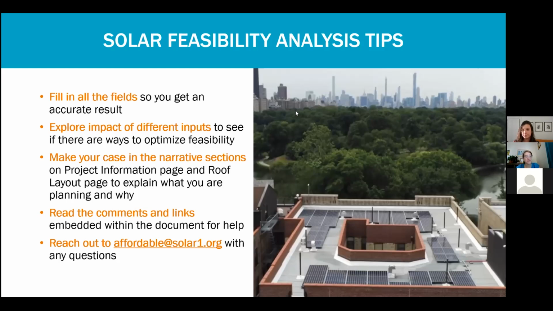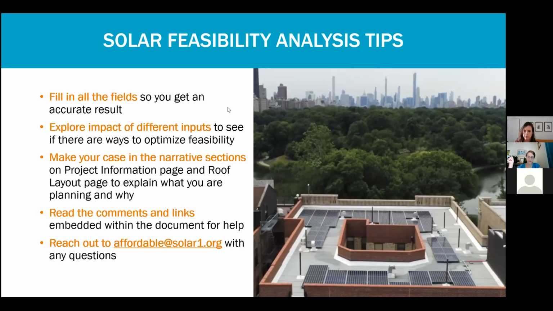And we definitely recommend making your case for what you're suggesting. If you're submitting the feasibility analysis, in the narrative sections, there's space on the project information page and on the roof layout page. We'll read that and come back to you with questions and comments. And definitely read the comments and links in the document.